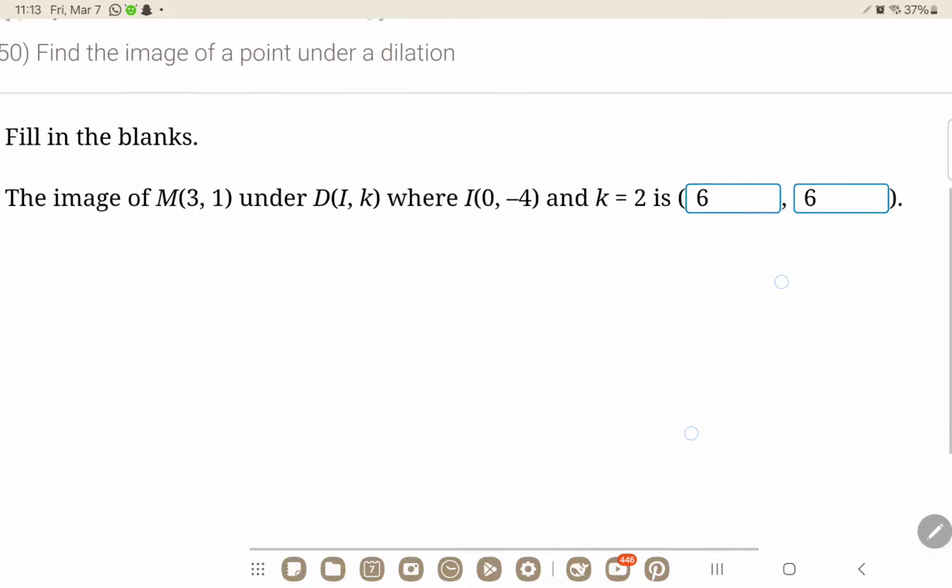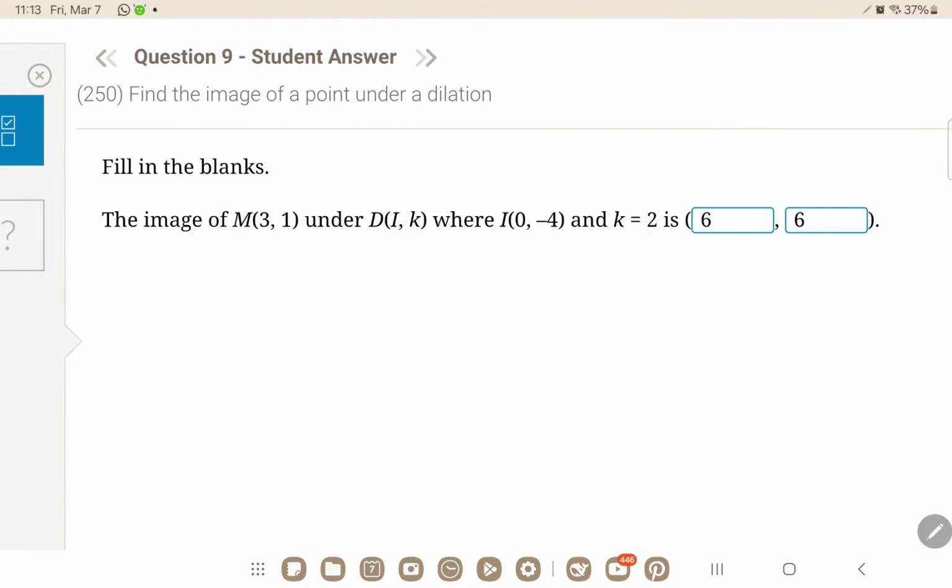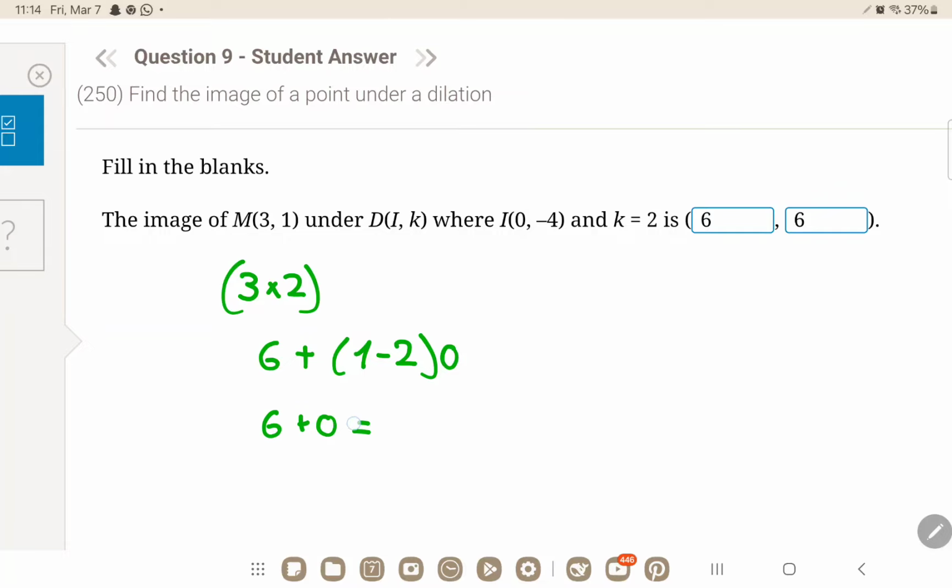Here we have to do the dilation around the point, which is the same thing we were just doing. So 3 times 2 would be 6 plus 1 minus 2 into 0, which is 6 plus 0, which equals 6.